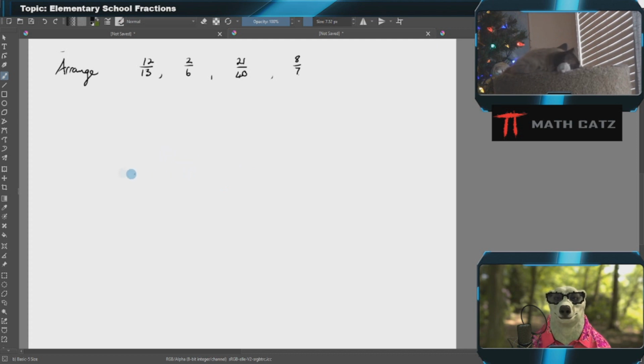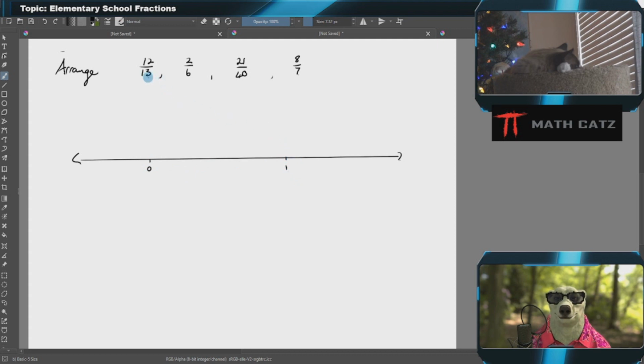So if I make a little number line here to give myself some structure, I can use some easy reference points. There are no negative numbers here, so let's put the 0 over there, and 1 over there.